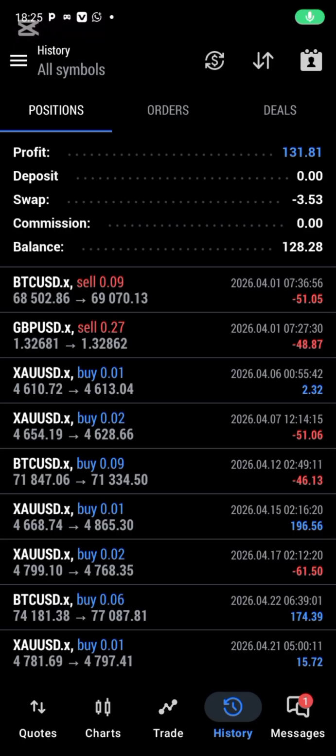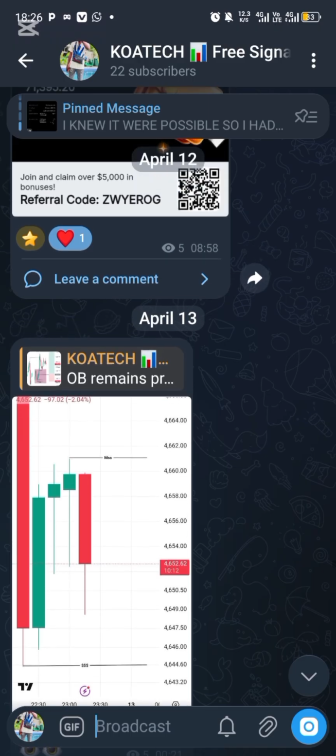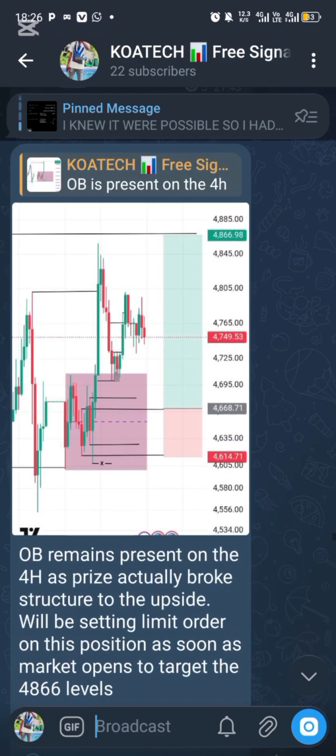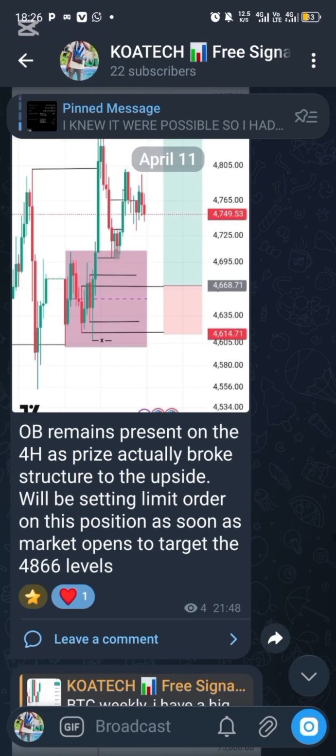Trade number 6, you can see that it was a gold buy. Now let's go to the gold buy and check how we won that trade. So this was the trade. This was the setup. Actually, I had this setup, and look at what I wrote. OB remains present on the 4 hour.